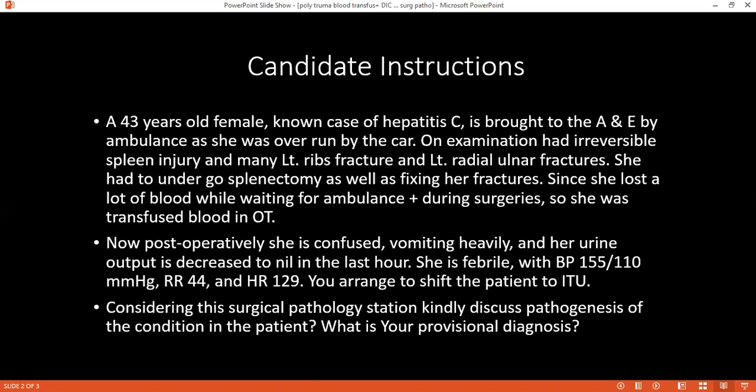Have you found enough time to read? Yes. Should we begin? Yes.